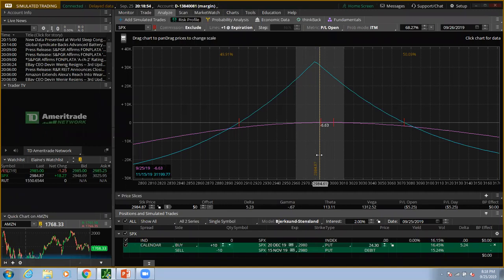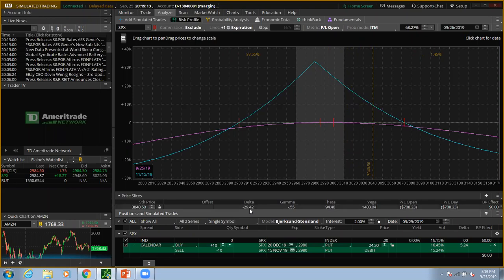So let me just drag this up. Notice how our Greek numbers are changing. So say the market's on a tear. We worked out a deal with China. Things are going great. Whatever the reason is, we're up here all of a sudden. So now look at our delta.